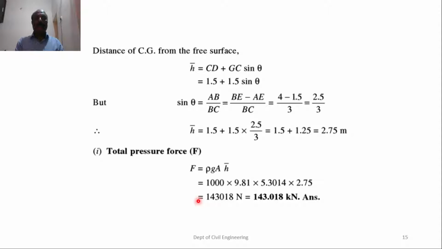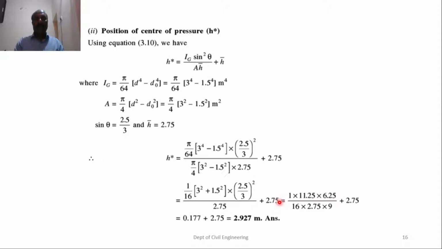So the distance of CG from the surface, H bar, is 80 plus GC sin theta. So H bar is 2.75. Total pressure force is equal to 143.018 kilonewton. Then the position of the center of pressure S star: apply the same formula, and Ig is pi by 64 into outer d raised to 4 minus inner d naught raised to 4.